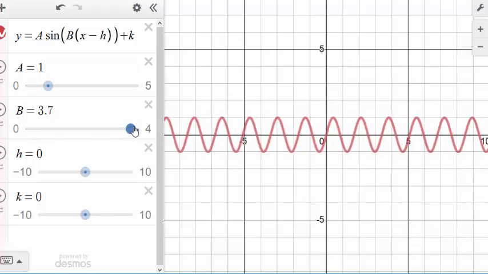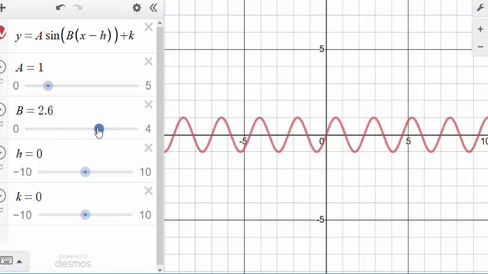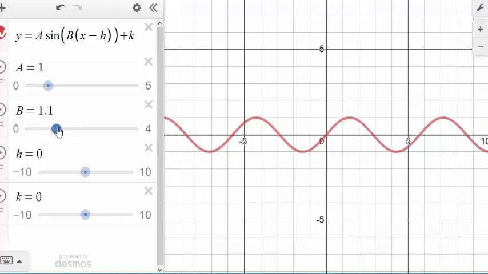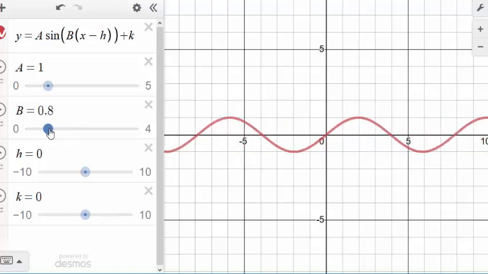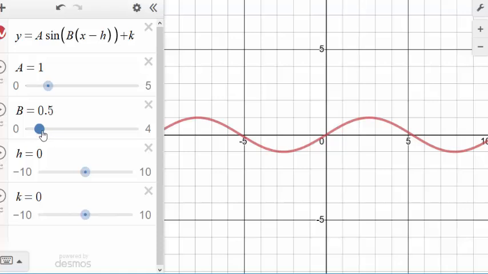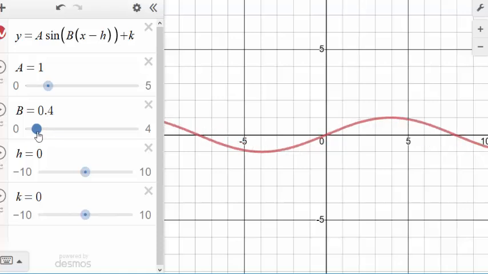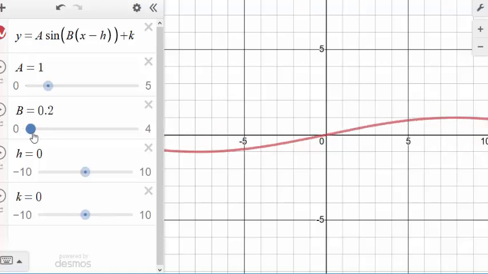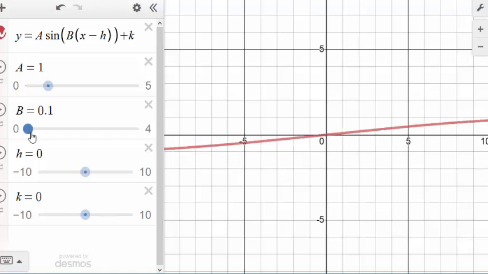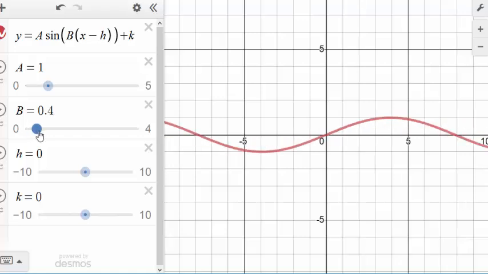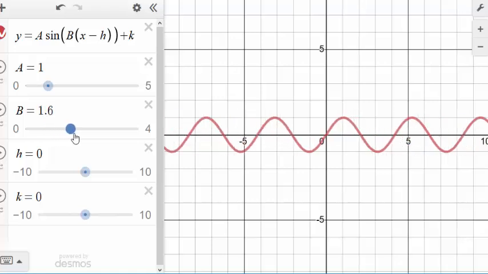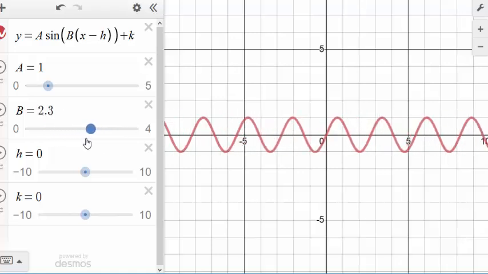So when B is greater than 1, it becomes a horizontal compression. And when B is less than 1, it's like the string is being stretched out. It's a horizontal stretch. So horizontal stretch when B is less than 1, horizontal compression when B is greater than 1.